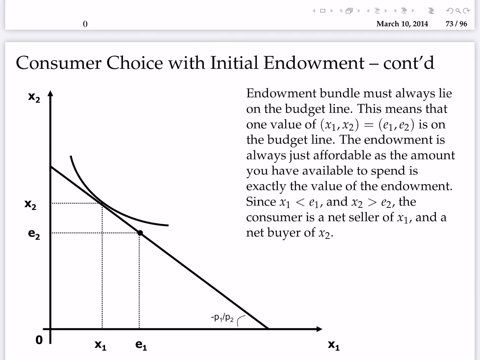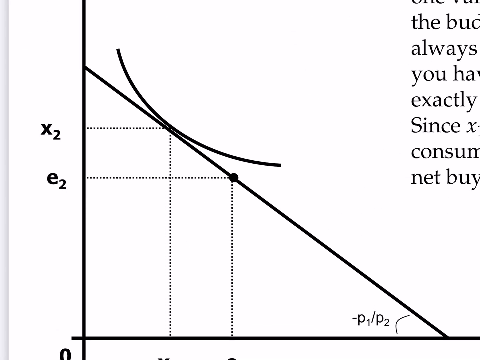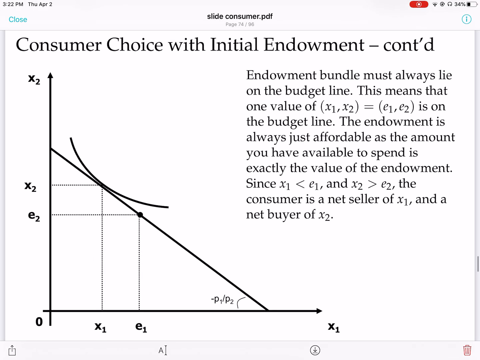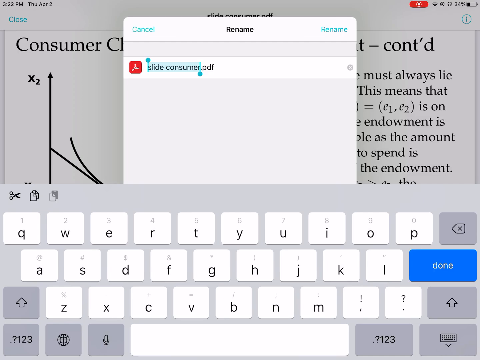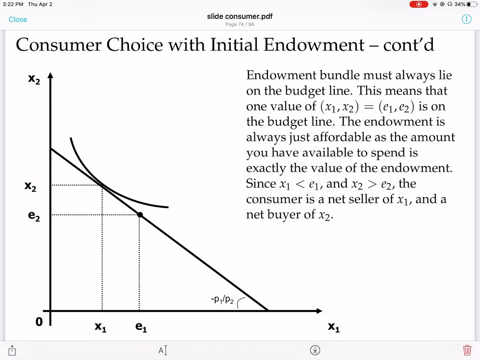So how do I draw the budget constraint? It's very easy. You first draw the initial endowment, E1 comma E2, and you draw a straight line passing through your endowment. The slope is going to be P1 over P2 as usual, right?